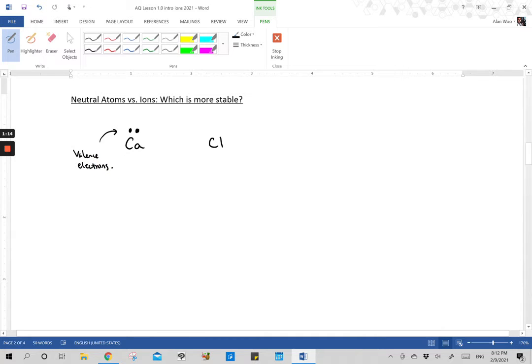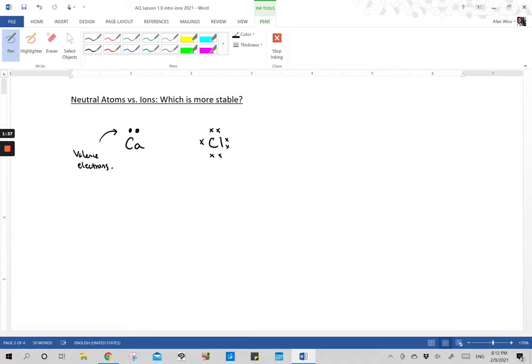Valence electrons, of course, are electrons on the outermost shell, and there's only 2 of them. For chlorine, when we're drawing Lewis dot diagrams, we can actually use different symbols to represent the valence electrons. But chlorine is from family 7, and family 7 basically have 7 valence electrons around it.